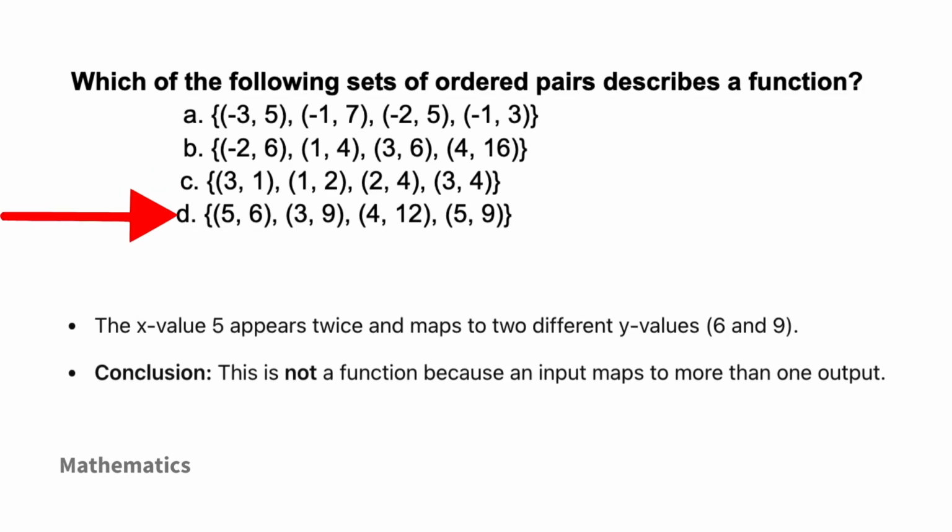Take a look at option D: (5, 6), (3, 9), (4, 12), (5, 9). The x value, 5, appears twice and maps to 2 different y values, 6 and 9. Again, option D is not a function because an input maps to more than one output. Therefore, given these solutions, we know that the correct option is letter B.